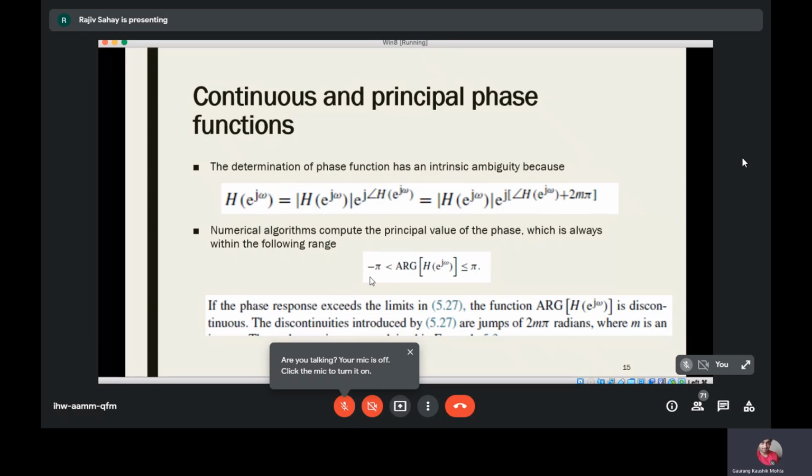Okay, fine. So this is the idea of phase unwrapping. Generally, we will stick to only this range, minus pi to plus pi. Clear?